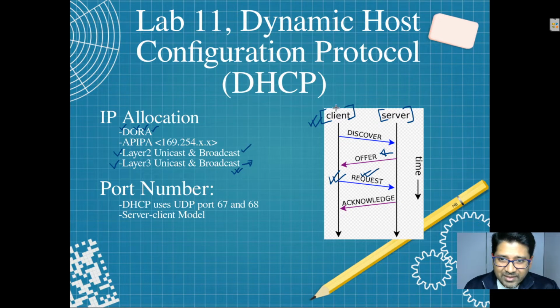We will see that the communication between client and server happens on a particular port number. We will do the lab and understand on the packet basis how the port level communication is identified. That means how the server identifies that this client is coming for a DHCP request, looking for an IP.